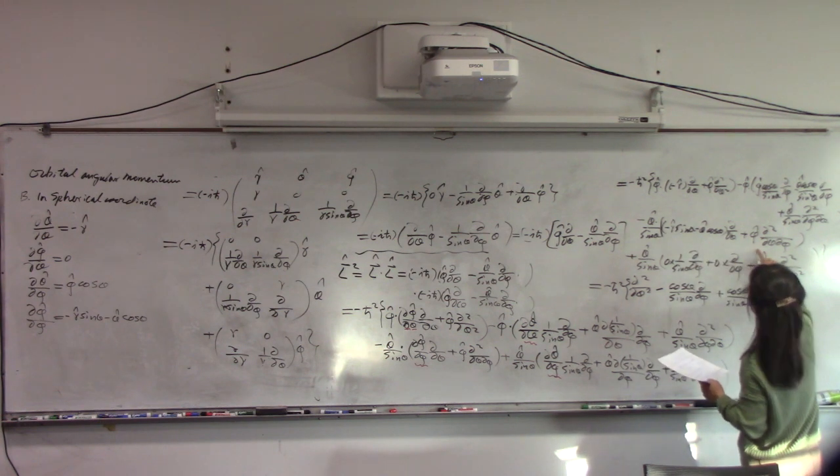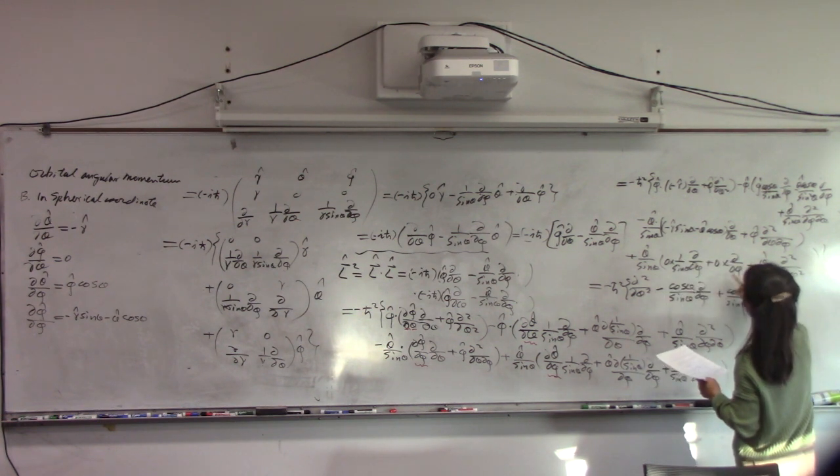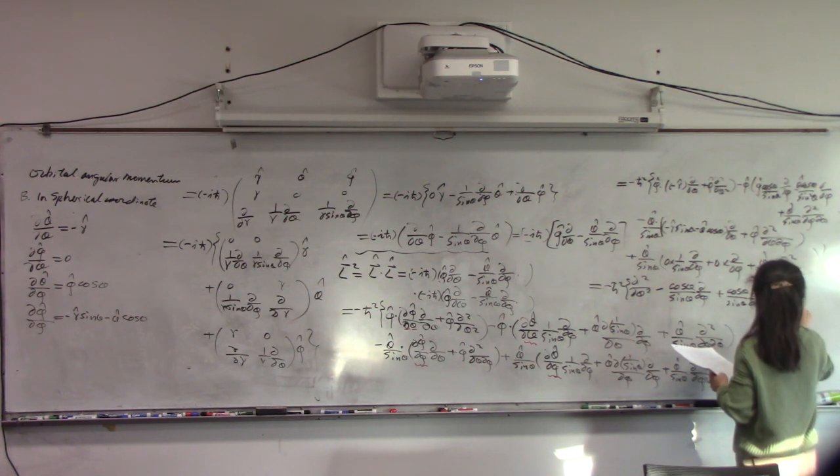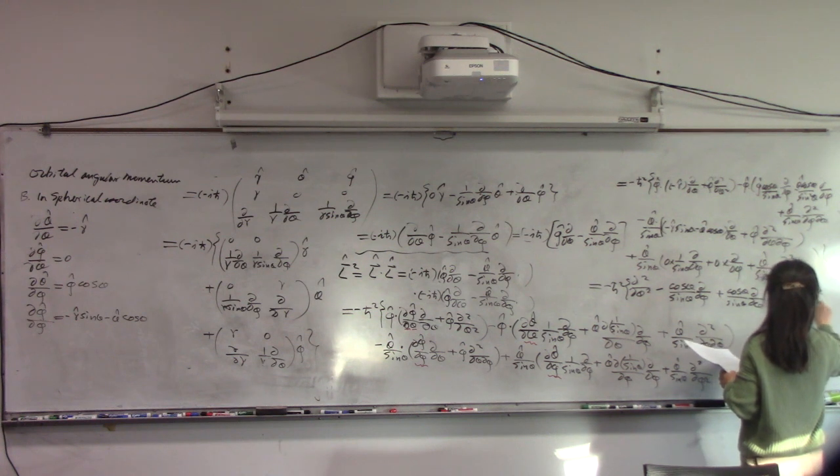And then this one is 0, this one 0, this one 0, this is non-zero, and plus 1 over sine theta partial square.